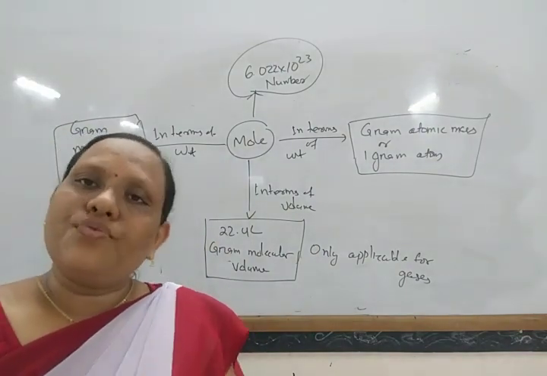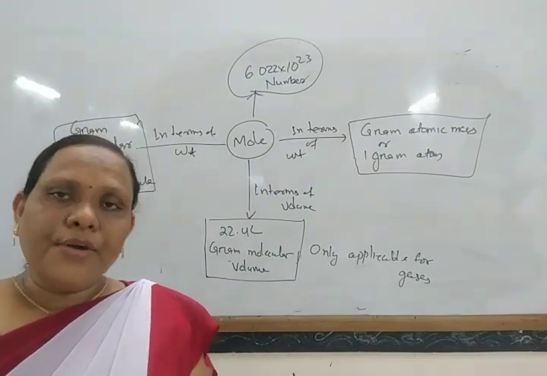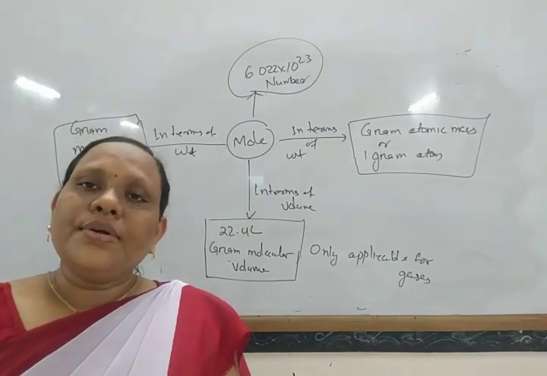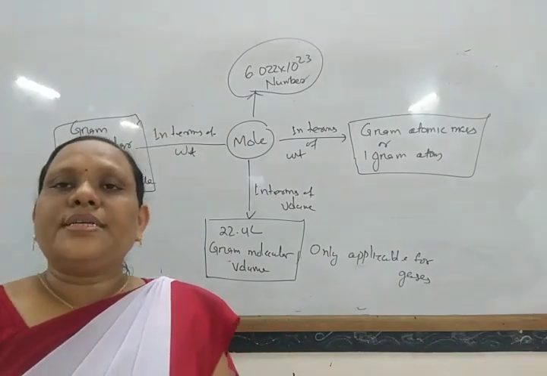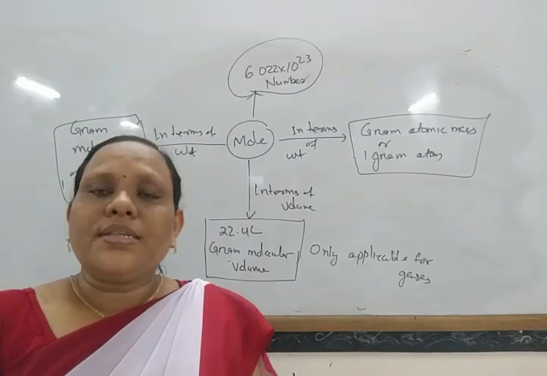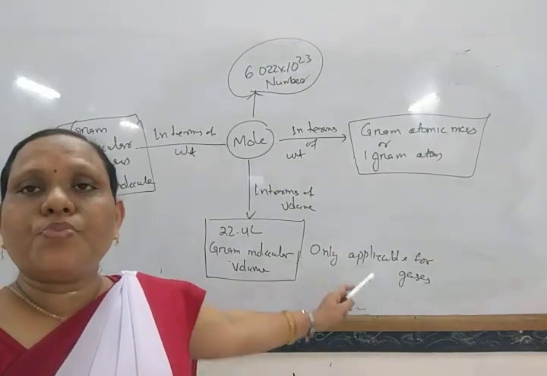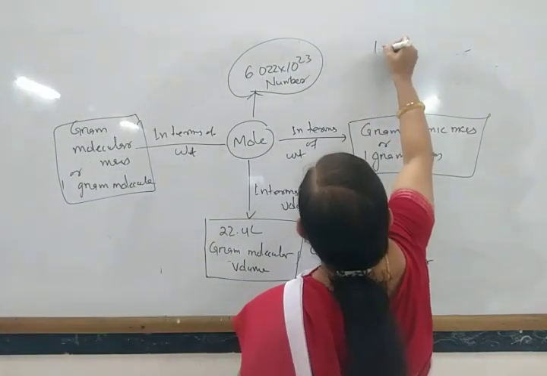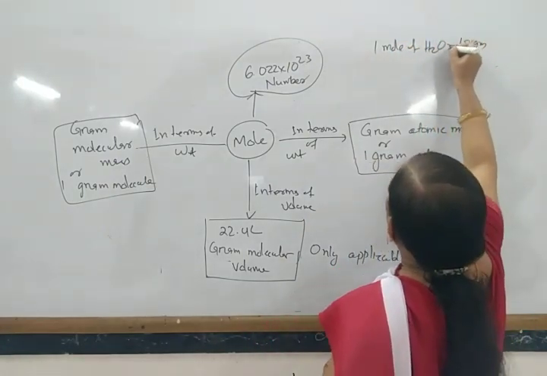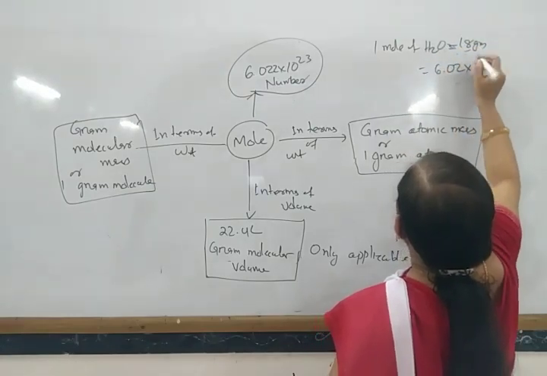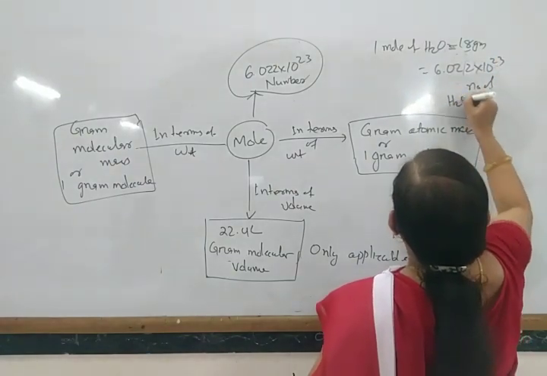So 1 mole of water does not equal 22.4 liter. 1 mole of water is equal to its gram molecular mass, 18 gram, or 6.022 into 10 to the power 23 water molecules, but the volume is not equal to 22.4 liter.